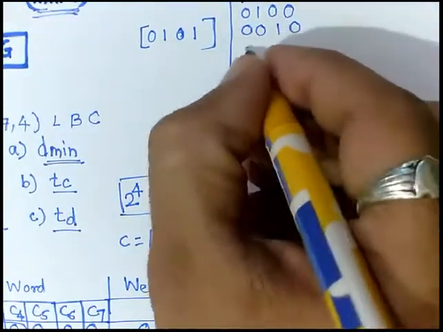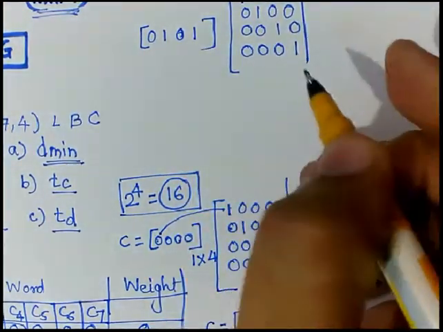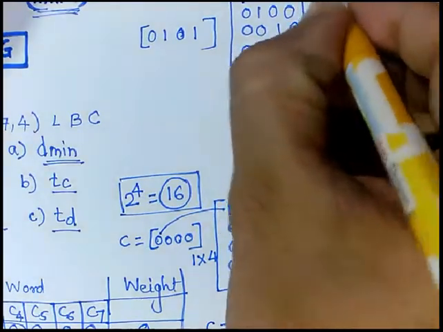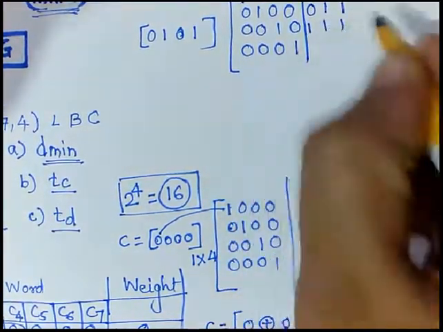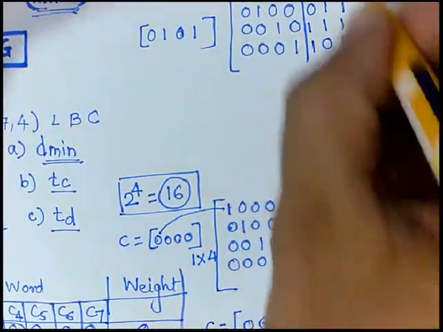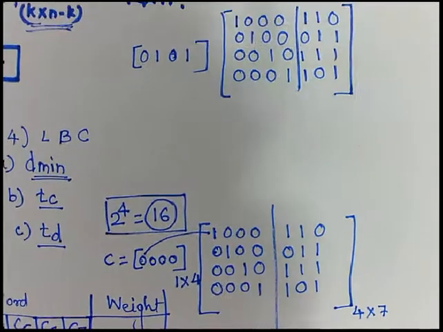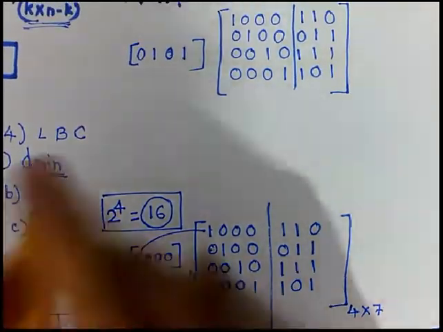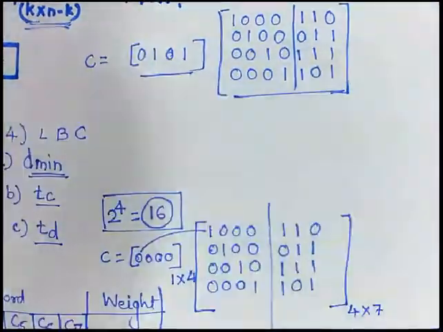This is the identity matrix of order 4, which is the first part of the generator matrix. Next 0 0 1 1 1 1 0 1. Let me readjust so that you will be able to visualize it. So this is C equal to D into G.